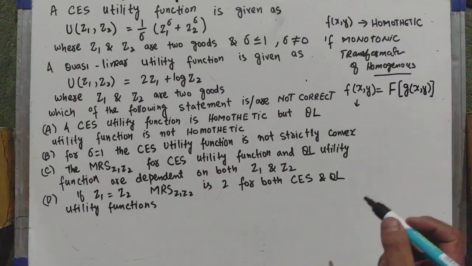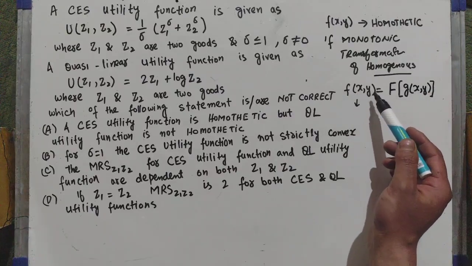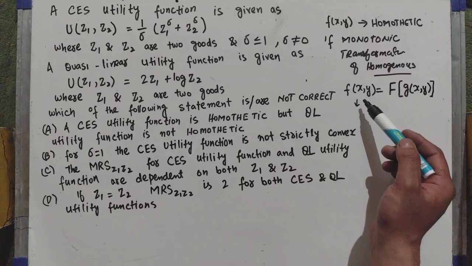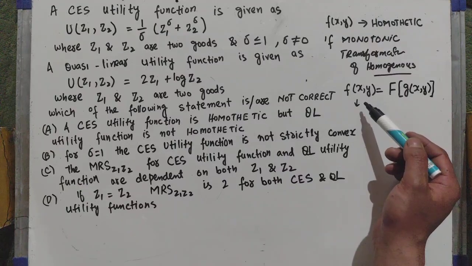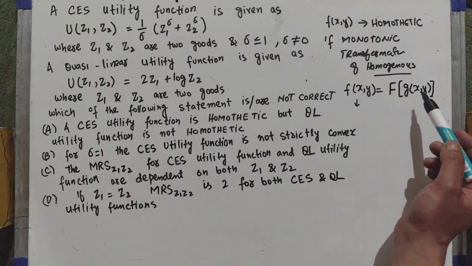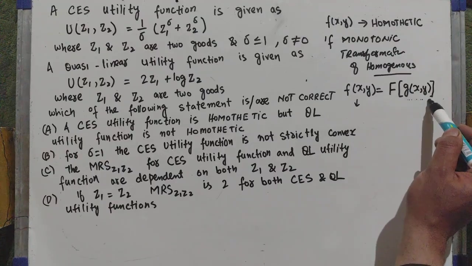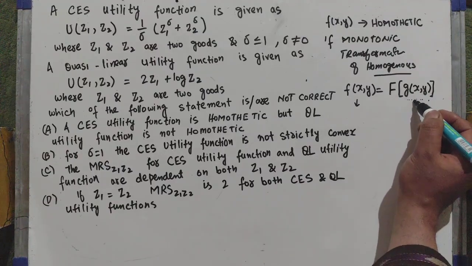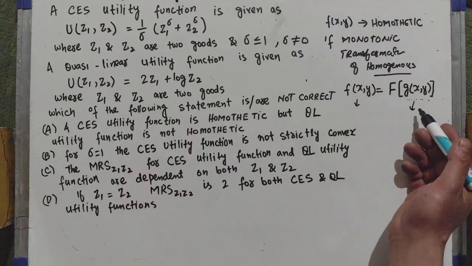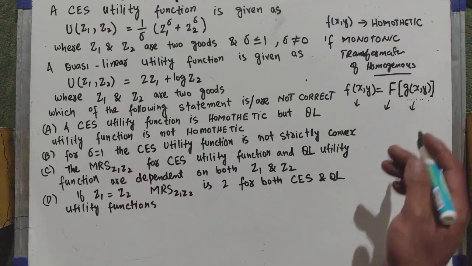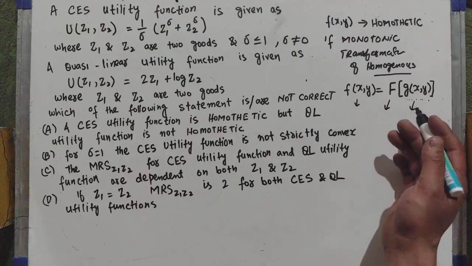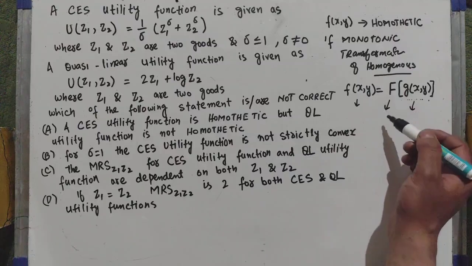I am saying this f of xy is a homothetic function if it is a monotonic transformation of another function which is homogeneous. So g of xy is a homogeneous function. Capital F denotes the function where F is a strictly increasing function or monotonic transformation.